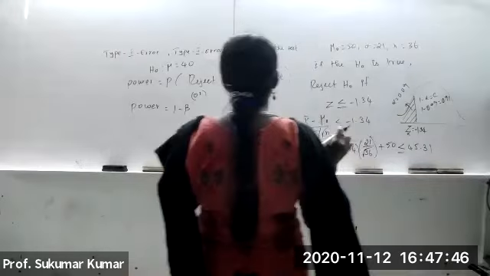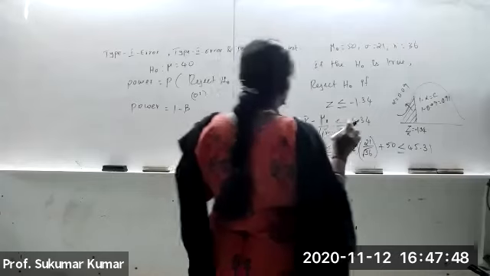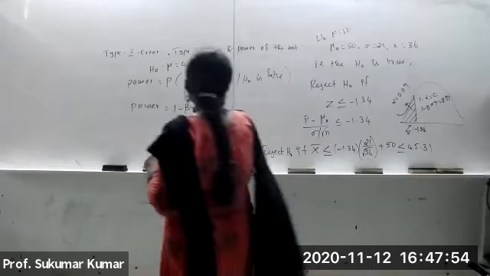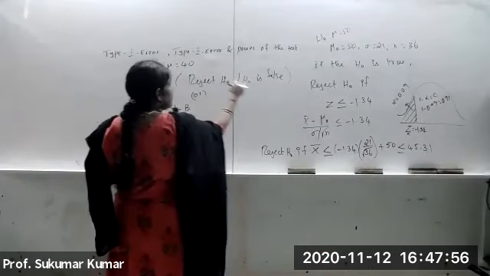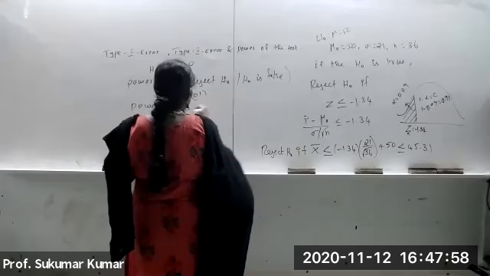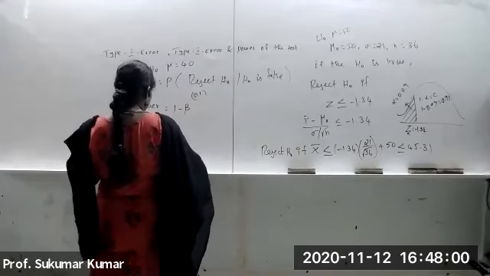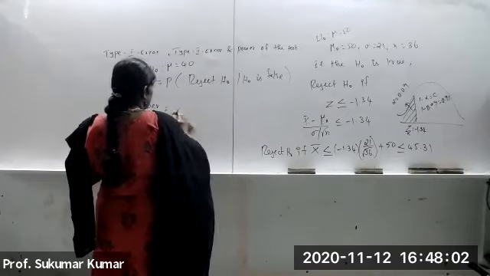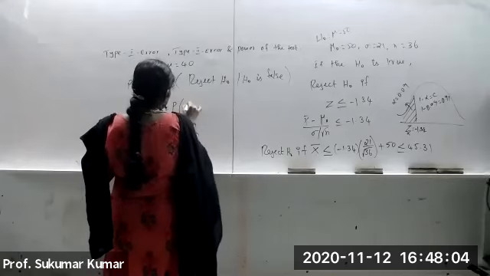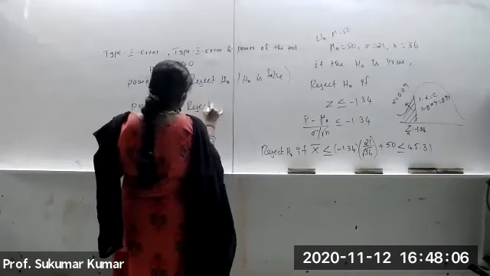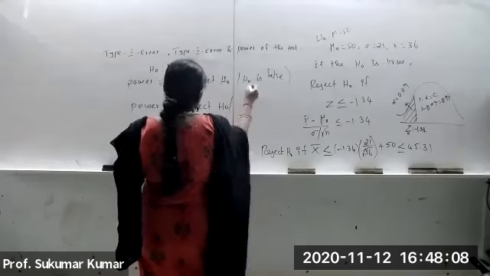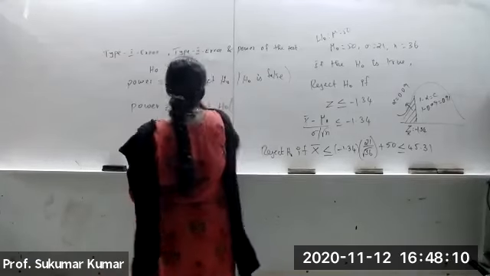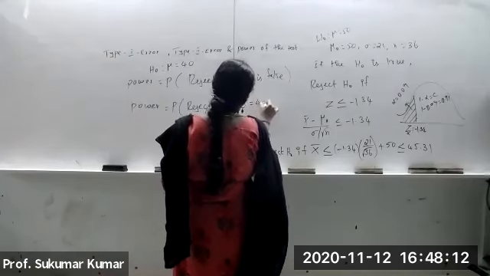Mu value is 50. So h naught is false meaning mu value is 40. புரியுதா நான் சொல்றது? Reject h naught given h naught is false, meaning here mu value is 40.